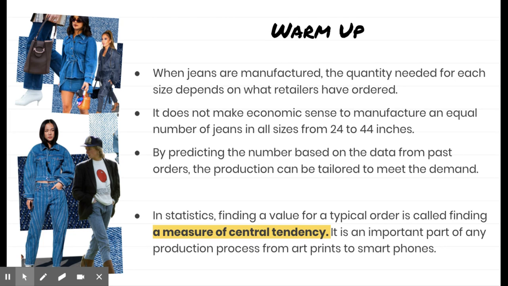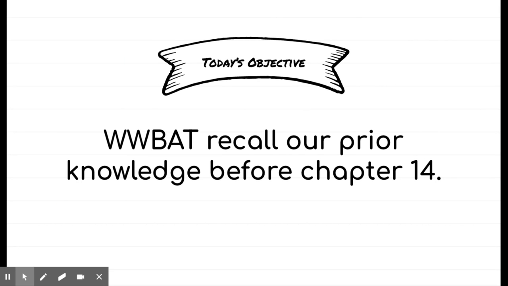It is an important part of any production process from art prints to smartphones. Today we're just going to recall prior knowledge before starting this new chapter, which I find very helpful. We're going to use it in real life, no matter what type of work you are entering into.